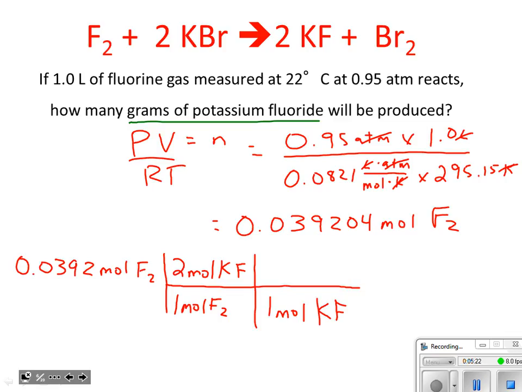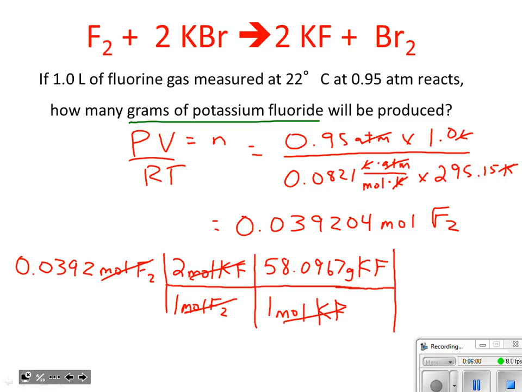And I came up with a value of a molar mass of 58.0967 grams. So I get my cancellation there. I get a cancellation there. My final label is grams of potassium fluoride.